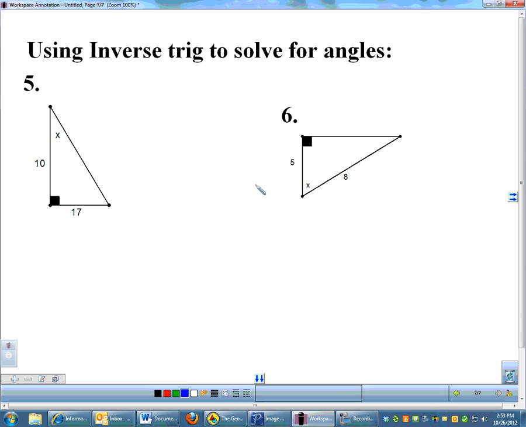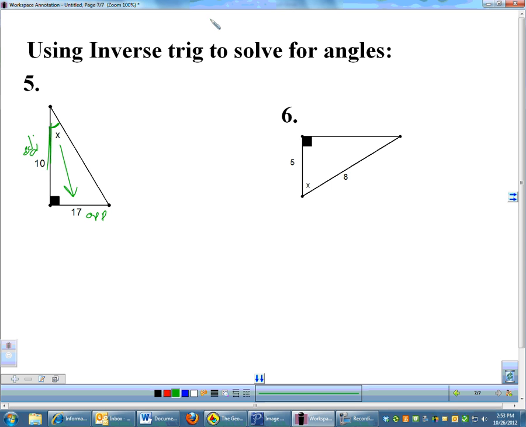All right, last type problem using inverse trig to solve for angles. You have done this before. We're going to set this up the same way we set up the last ones, except here my unknown is the angle. I'm looking at number 5 here, and I have 17, which is the opposite, and I have this side, which is the adjacent.